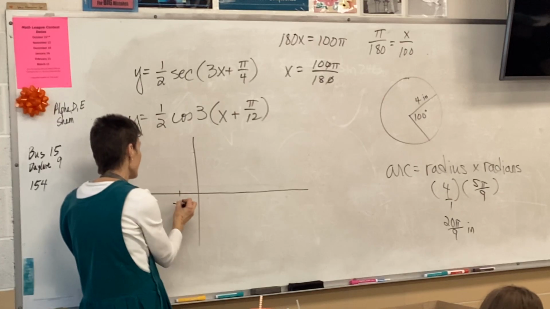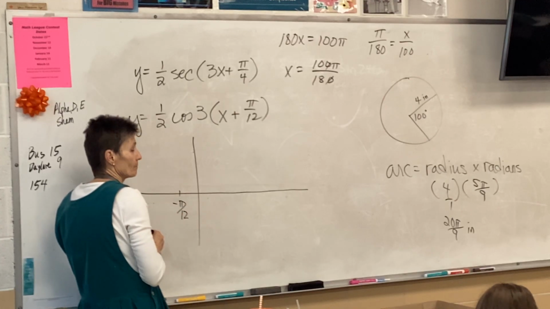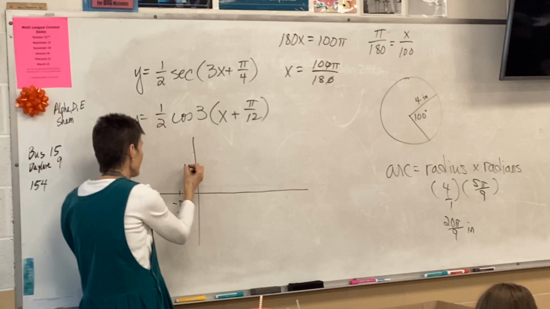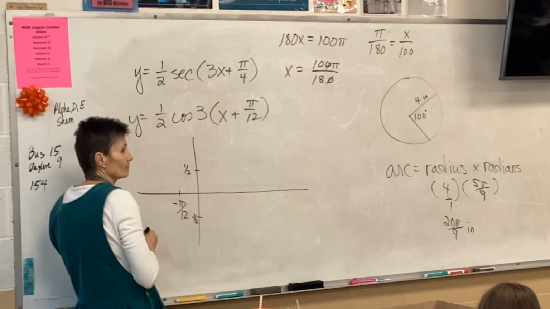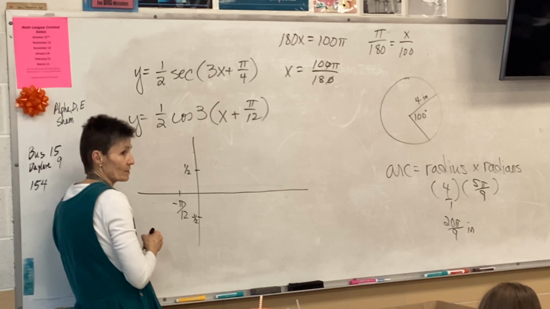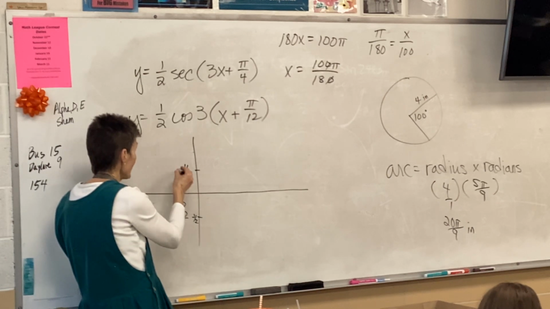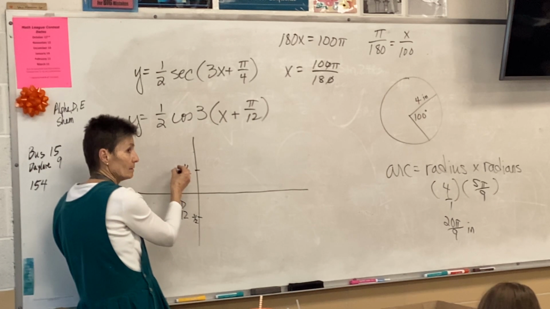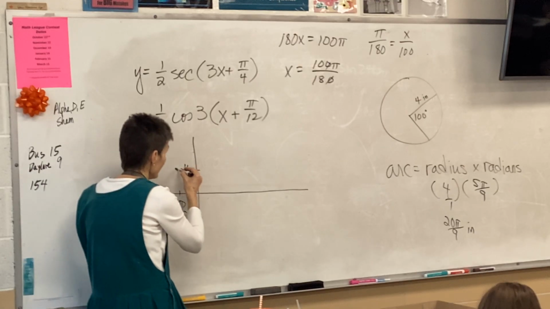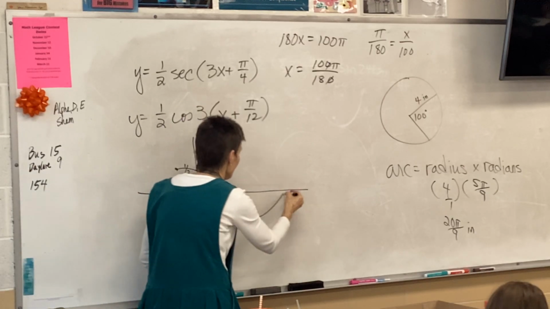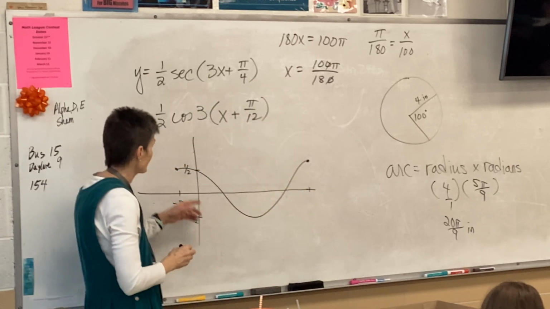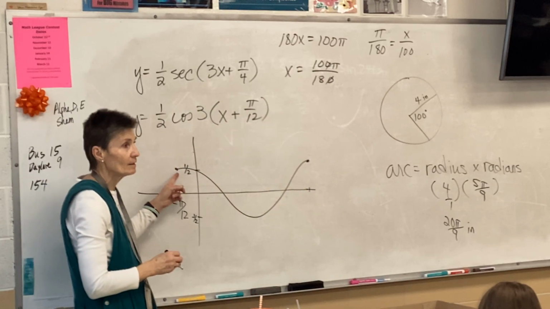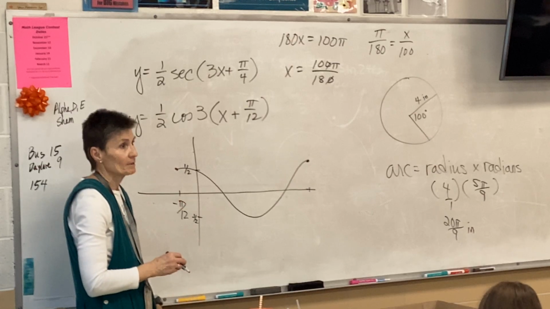So it starts at negative pi over 12, has an amplitude of 1/2, and it's a cosine. So cosines start up here at the top of their hill, and then they come down and up. They end right where they started. So if it started at the top of the hill, it's going to end at the top of the hill.